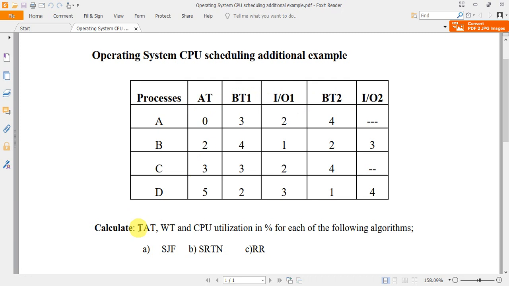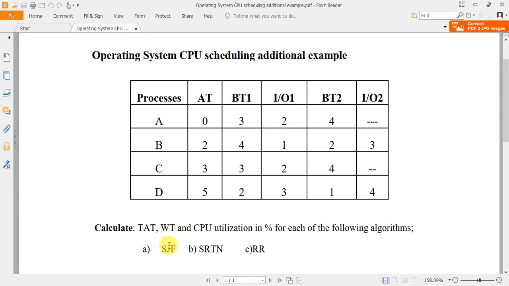What we do is calculate turnaround time, or duration in the system, and waiting time without any execution. The IO request is included in the waiting time because it is out of the CPU. Then CPU utilization: is there any idle time in the CPU? We calculate this for SJF and for the others, but in this slide we calculate only for SJF.